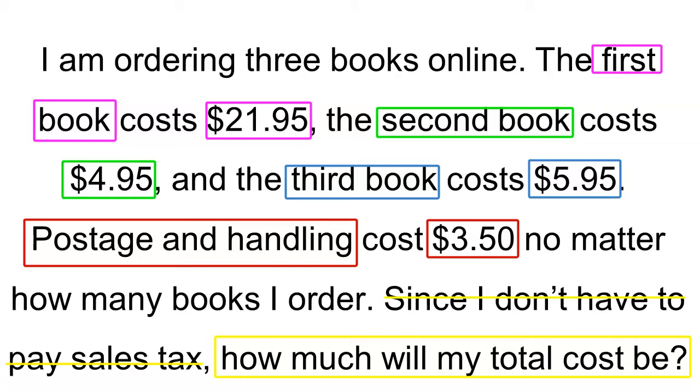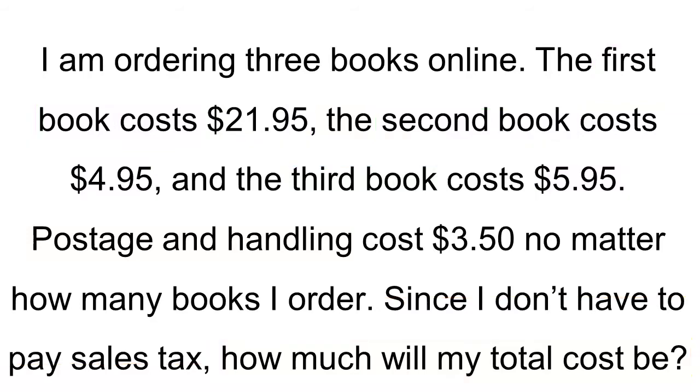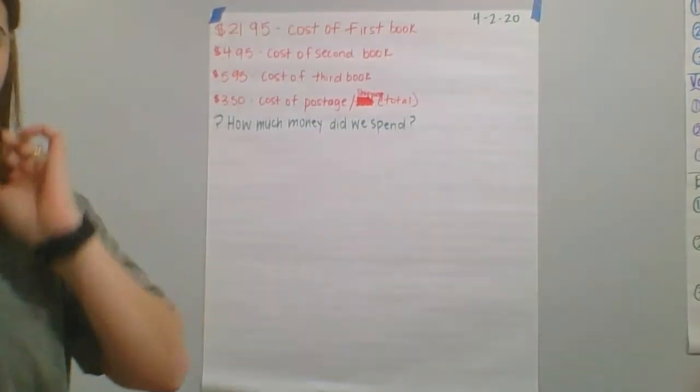You're going to be solving this problem on your own. And then when you finish, go ahead and unpause and we will talk about this problem together. So go ahead and pause and then join me when you are finished.